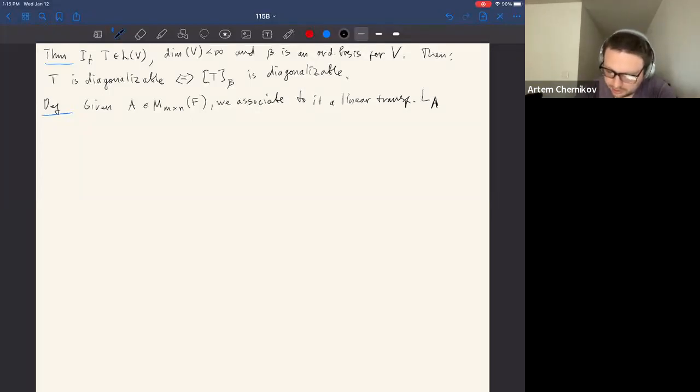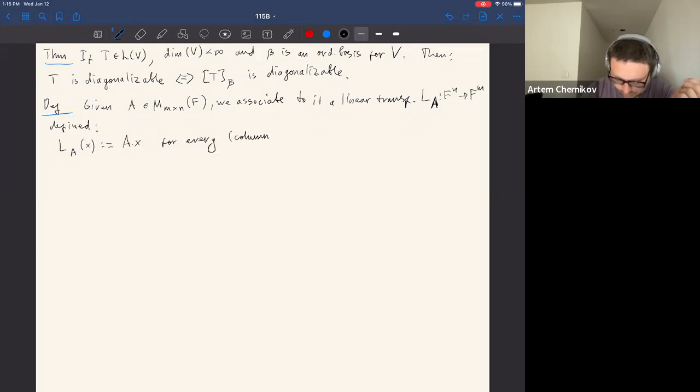So from F^n to F^m, yeah, which is defined by taking the value of LA of X, where X is an arbitrary vector, yeah. So we take it to be simply A times X. So we multiply, yeah. So for every, and here we use column vector X in F^n.